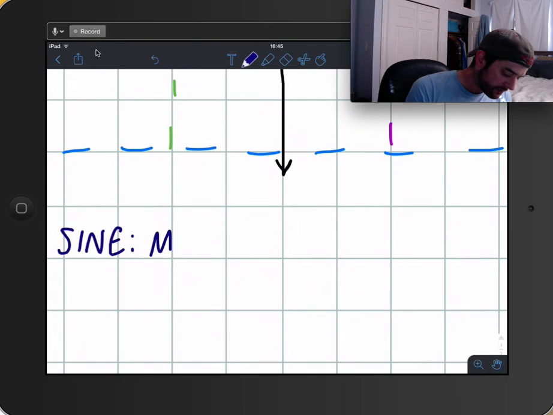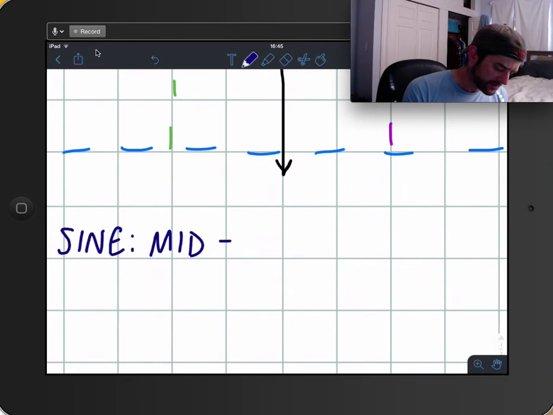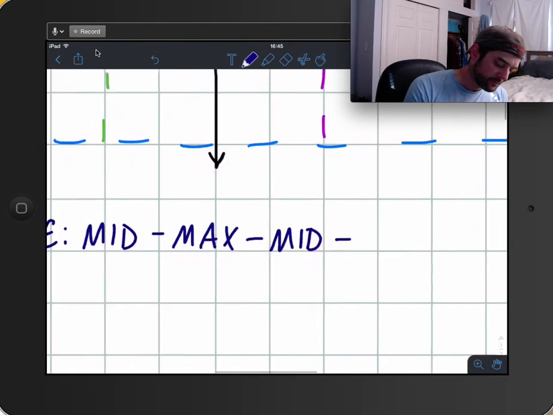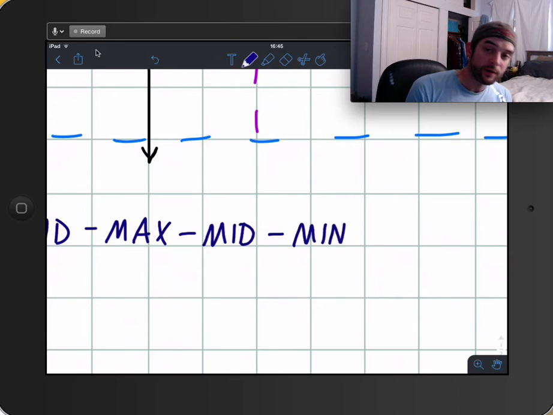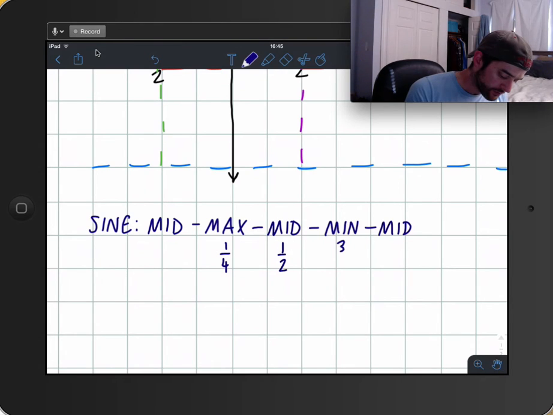If you remember what a regular sine looks like, it begins at the midline, like regular unchanged sine begins at the x-axis. 1/4 of the way through, you reach your maximum value, which normally is 1. Halfway through, you're at your midline again. 3/4 of the way through, you're at your minimum, which normally is -1, and you always end at the midline before you cycle through again. So this represents 1/4, 1/2, and 3/4.